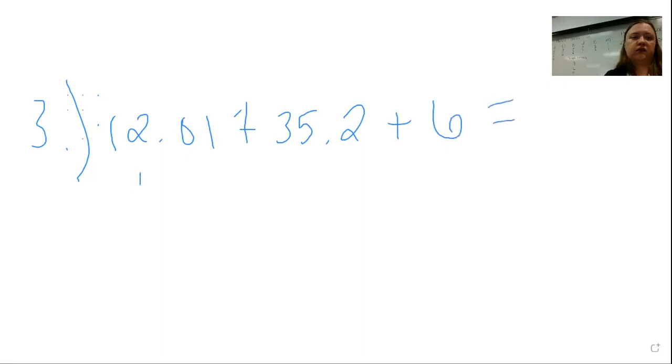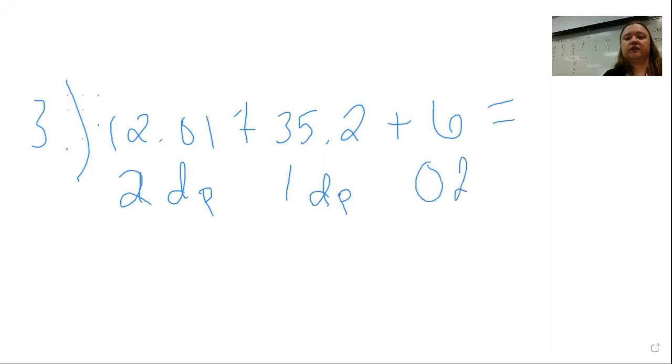So in 12.01, we have 2 decimal places. 35.2 has 1 decimal place. And 6 has 0 decimal places because it's a whole number. So we choose lowest, so 0 decimal places. That means we need to round our answer to 0 decimal places, or in other words, a whole number.